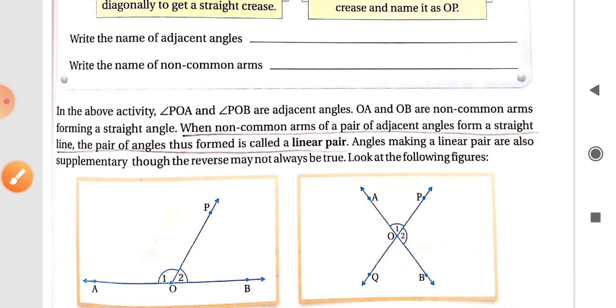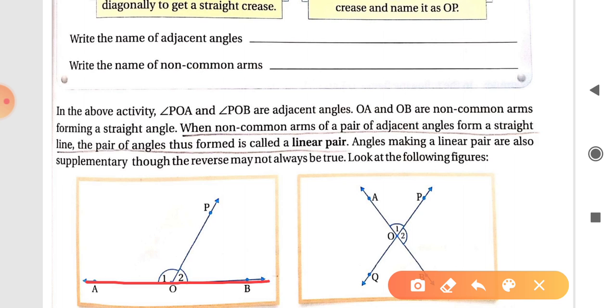If the non-common arms of a pair of adjacent angles form a straight line, then the pair of angles formed is called a linear pair. Then these angles form a linear pair.